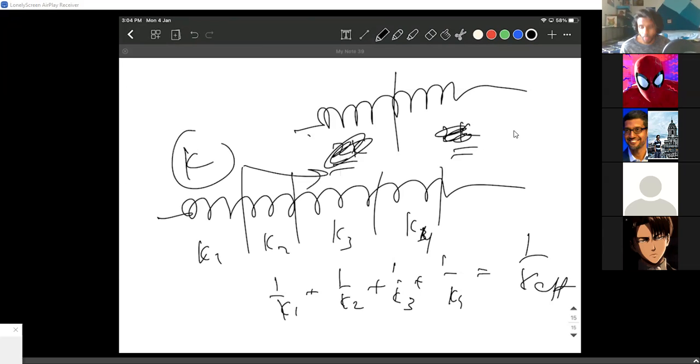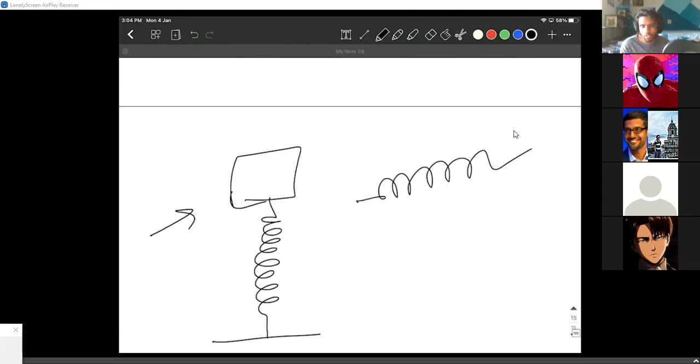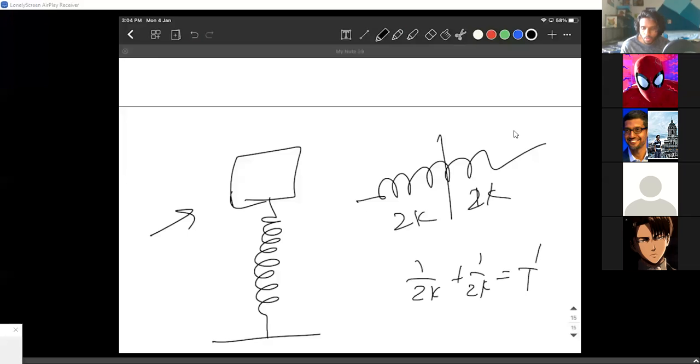So when you do this, you will get each value of spring constant. You do the same thing with a single spring also. If you have 2k and 2k, that's when you can write 1 by 2k plus 1 by 2k equals 1 by k effective. The k effective will simply be k if you calculate this.